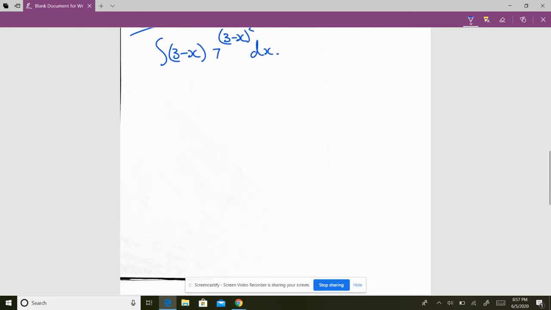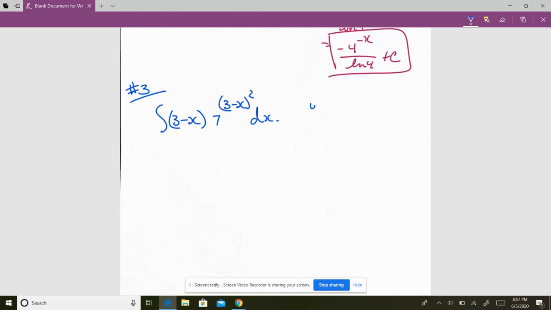So u sub, 99% of the time, you're going to u sub the exponent. 3 minus x all squared. So du dx, we're going to use chain rule, the 2 falls down, times the inside derivative, which is negative 1.